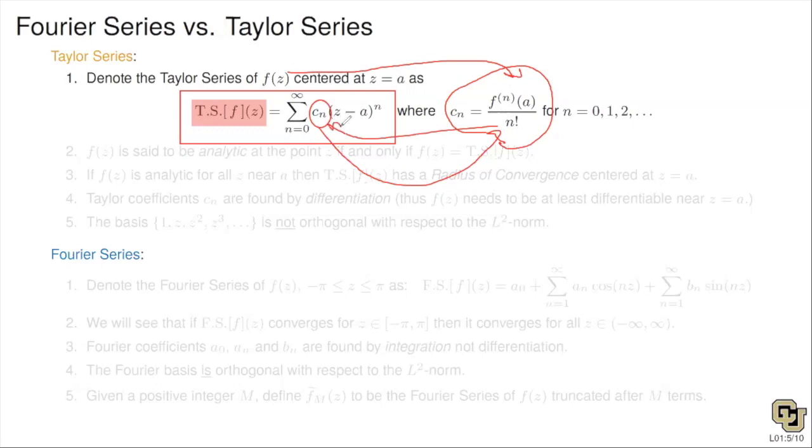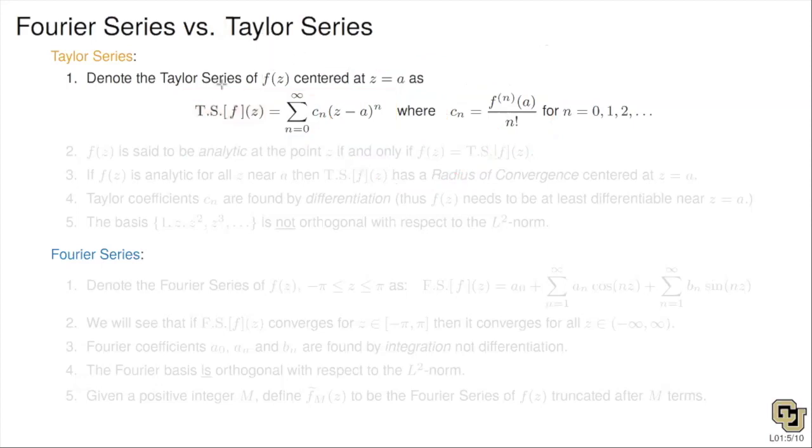Two questions that we always have to ask when dealing with a series. Number 1, does it converge? Number 2, what does it converge to? That's the reason I wrote this notation for the Taylor series. The big question is, does this actually equal f of z?